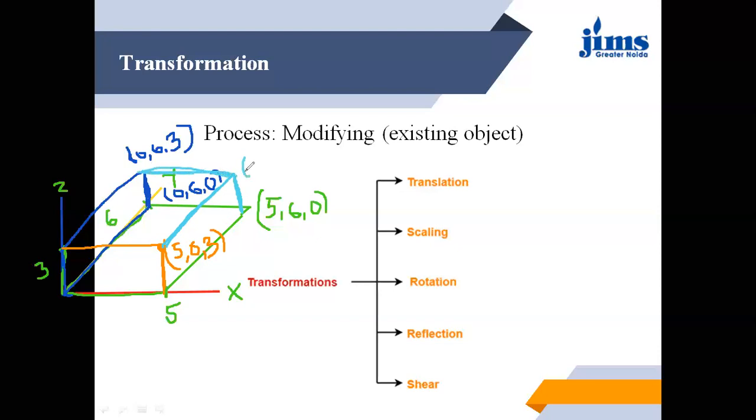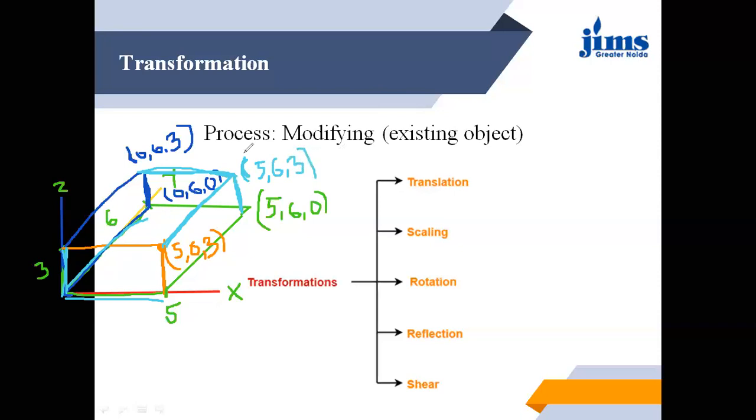The coordinate of this point is 5 units away on the x-axis, 6 units away on the y-axis, and 3 units away on the z-axis.